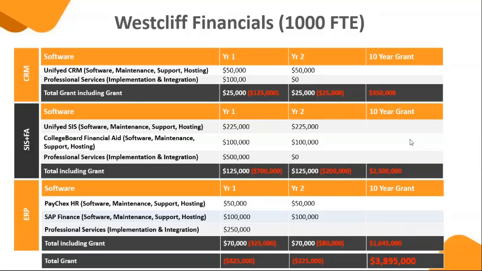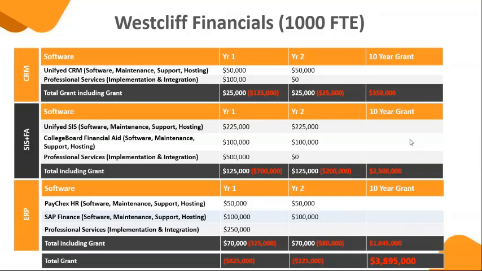But if you want to transition, this is the option that Westcliff chose. I showed you Oklahoma at ADP. Oklahoma's not moving to SAP. They're staying with their Microsoft Great Plains. More power to them. They don't have to move their GL and create uncertainty and risk. They're able to stay where they are.